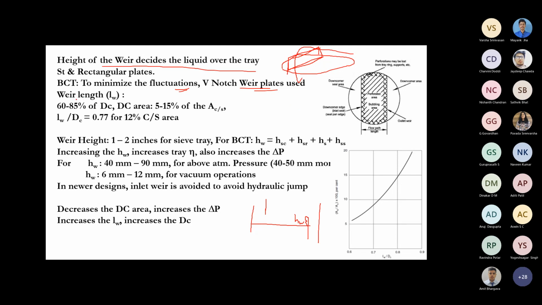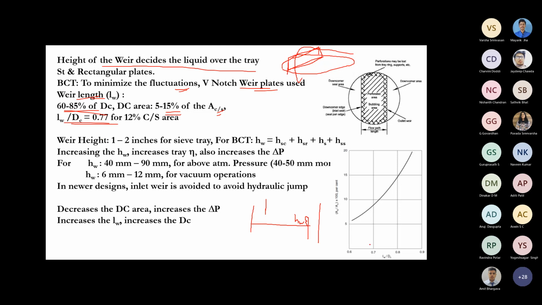The weir length LW, as I said, has to be 60 to 85% of the column diameter. A downcomer area is 5 to 15% of the column cross sectional area. So LW by DC can be 0.77, which means 60 to 85%. So 5% means 60, 15% means 85%.